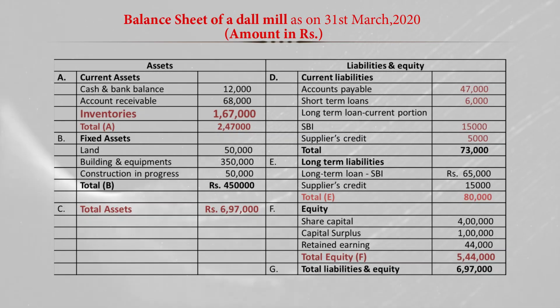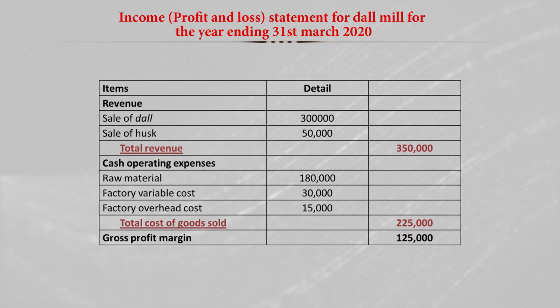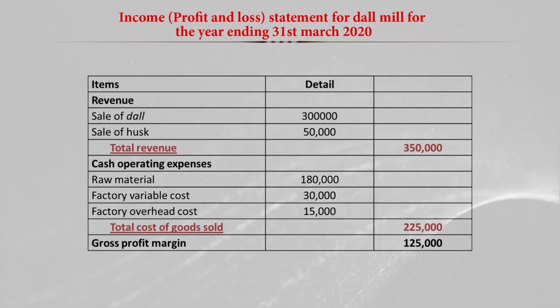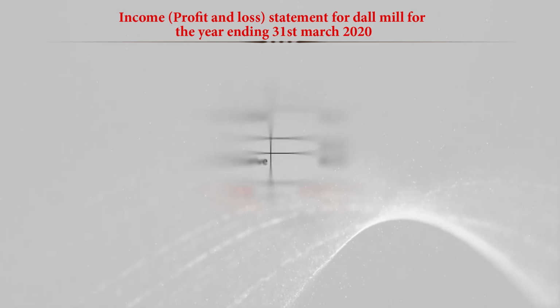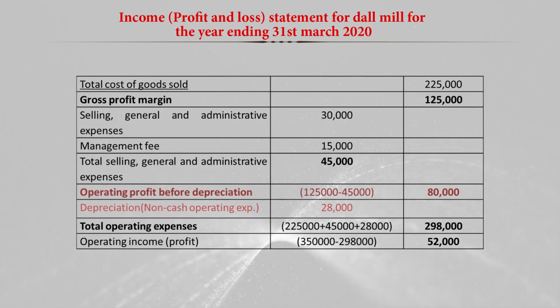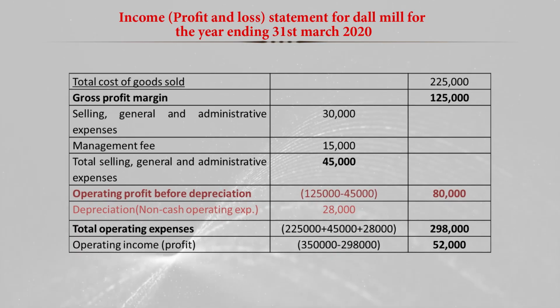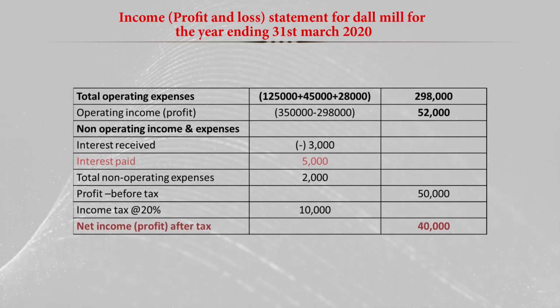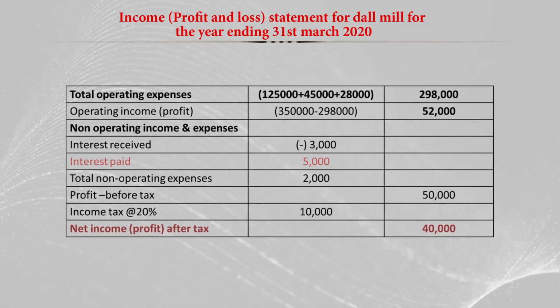So this is the balance sheet, and then this is basically the income statement of a firm, of a dal mill. So here total revenue, total cost of the goods sold. Whatever figures we are using in the calculation of the financial ratio, I have highlighted in a different color.